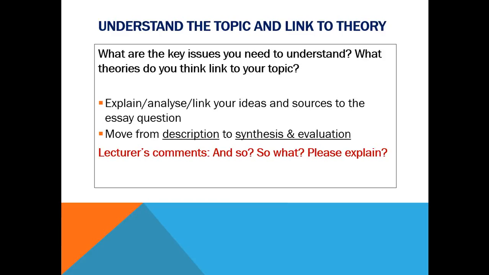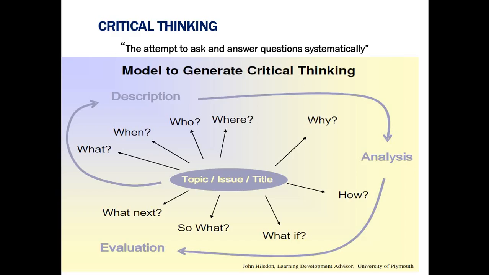But inevitably, the markers' comments you'll get from that are, and so, or what does this mean? Or please explain this. Can you interpret this from a certain angle? So what you're actually needing to do is to move from simple description to synthesis, so tying in the different pieces of facts, and evaluation. So evaluate. And there's a handy little diagram here that you can use to help you with that.